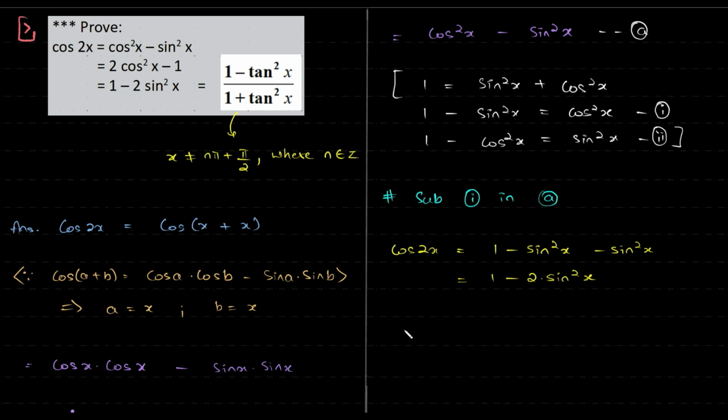Agree? And then let's substitute the second in a. So we have cos of 2x is equal to cos square x minus, in place of sin square x, we are writing 1 minus cos square x.